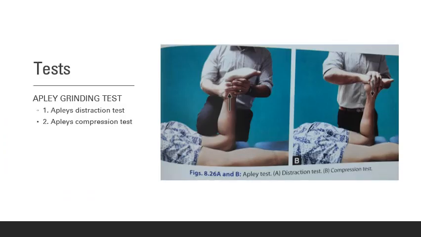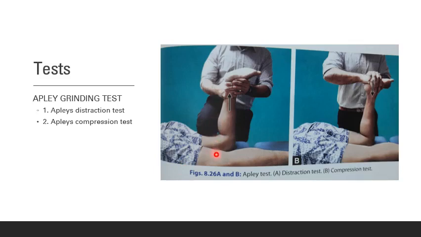Another test, Apley grinding test. It includes two parts: Apley's distraction test and Apley's compression test. This test differentiates between meniscus and ligamentous tear. Patient lies prone on the couch. Affected knee is flexed to 90 degree. The patient's thigh is then anchored to the examination couch by the examiner's knee.